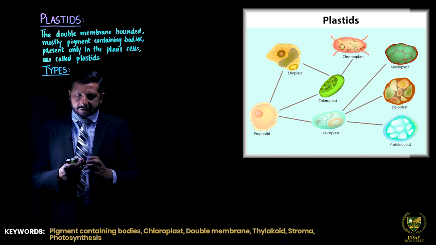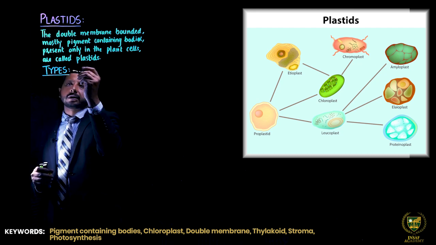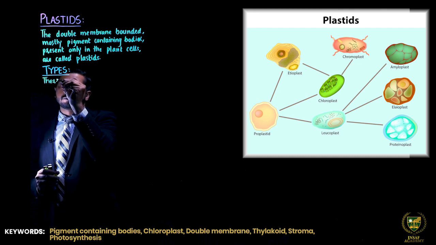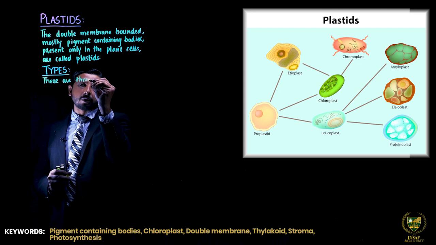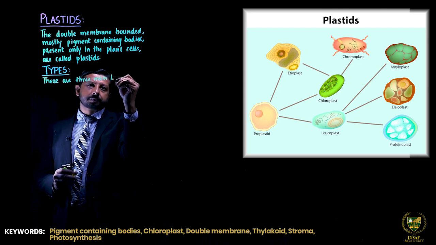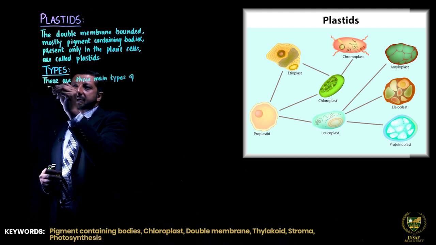Now there is some extension. So there are three main types of plastids.